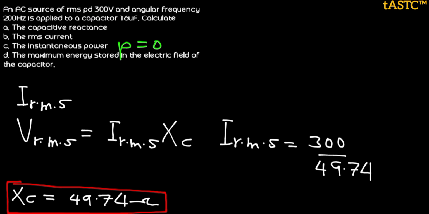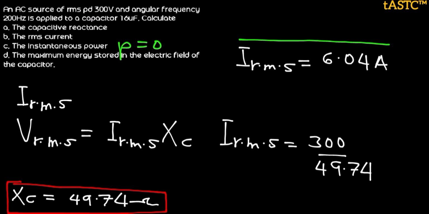So that gives us 6.04 amps. This is the RMS current.